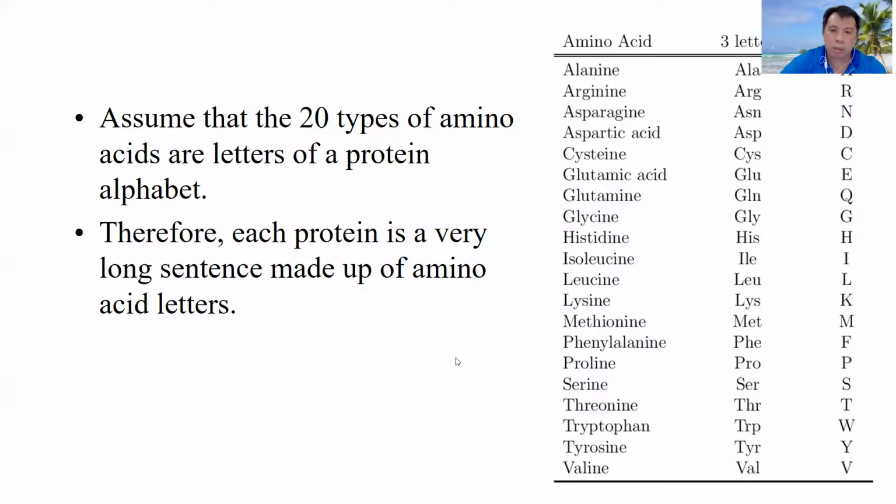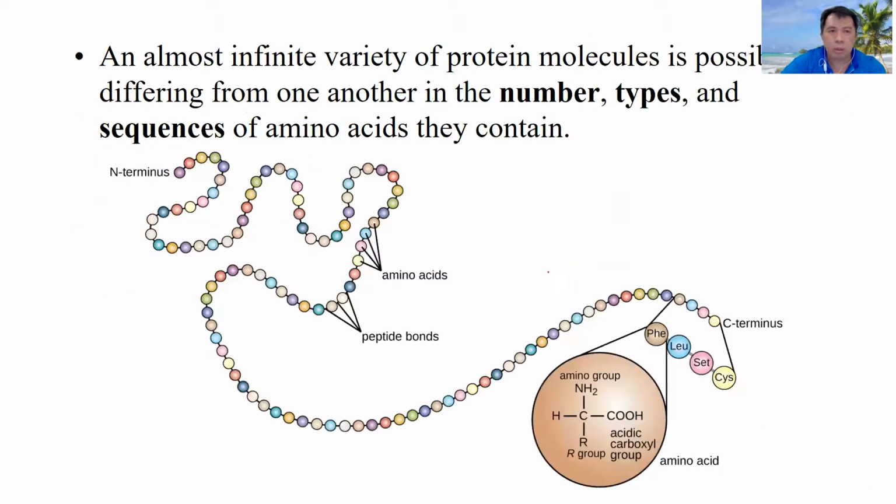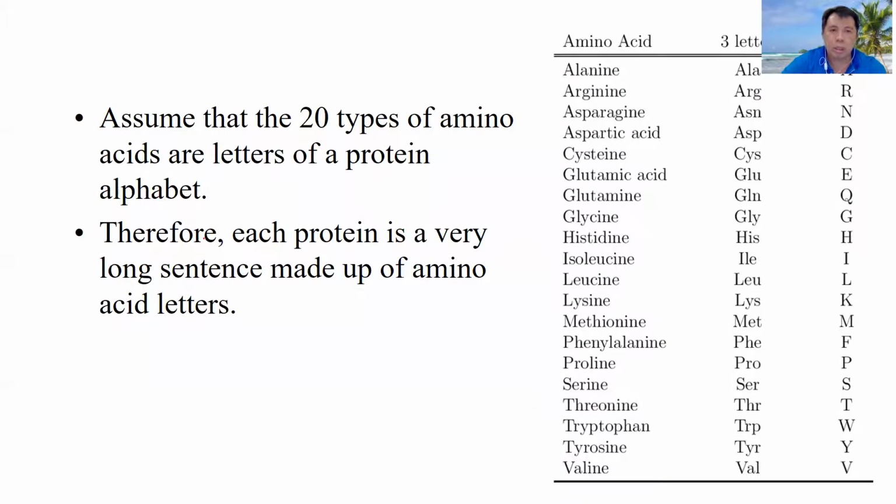We assume that these 20 amino acids are the letters of a protein alphabet. So in this polypeptide, the sequence of the different amino acids looks like a long sentence.